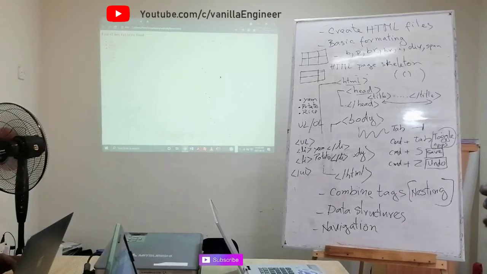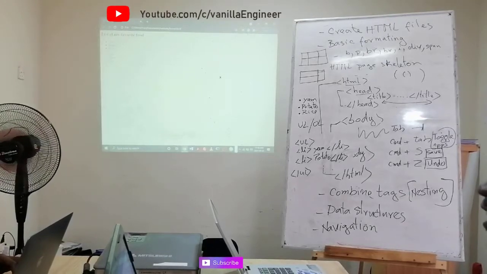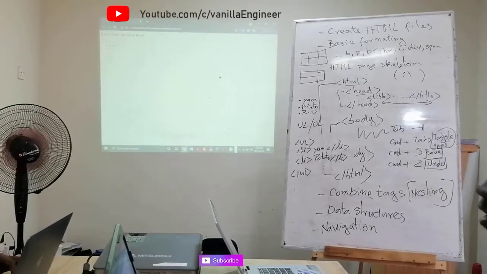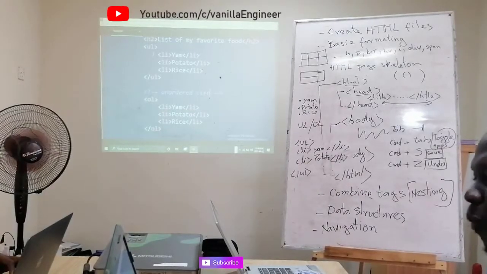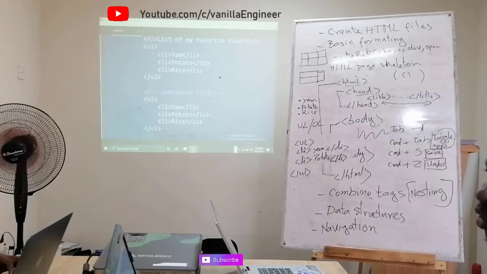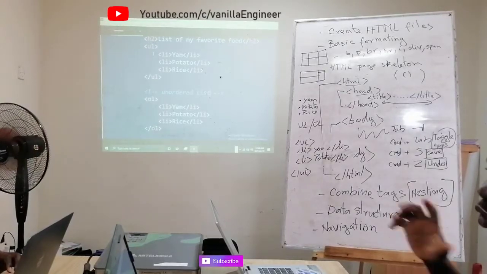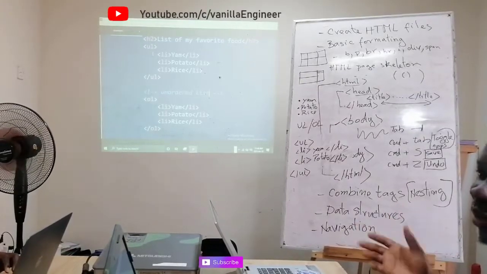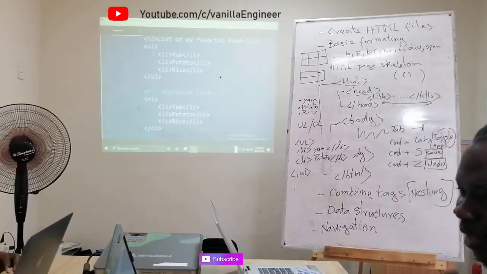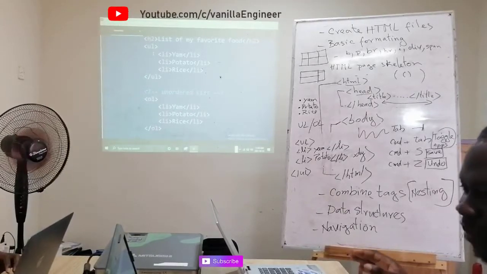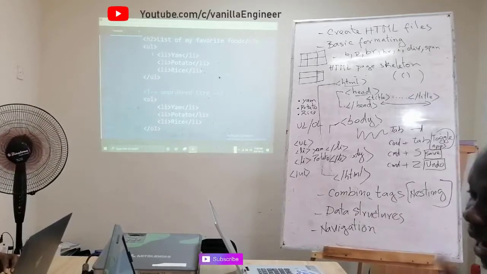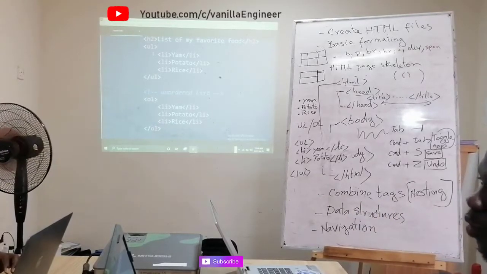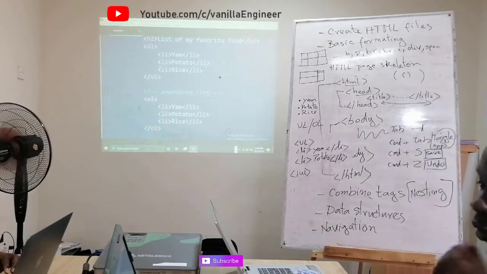Basically, nothing will appear. That's the expected result. So these are called comments. A comment is an indication that you add to your code, but the browser does not consider it as part of the project. You get that? The browser ignores the comment part because it assumes it's just for your own readability.